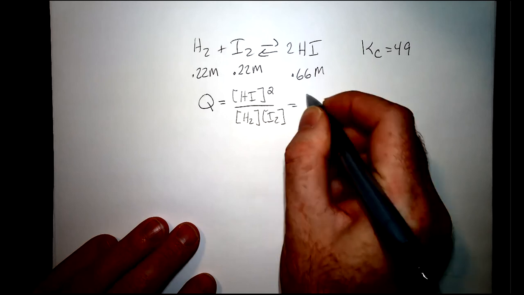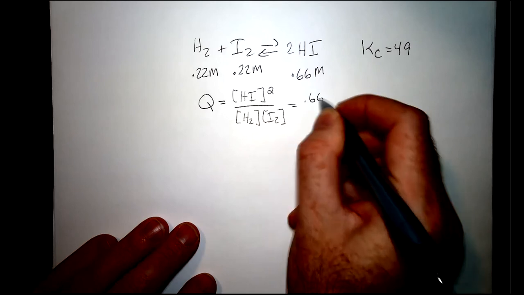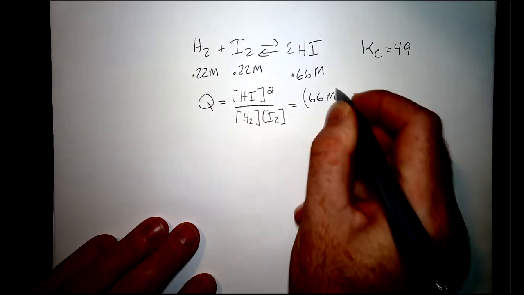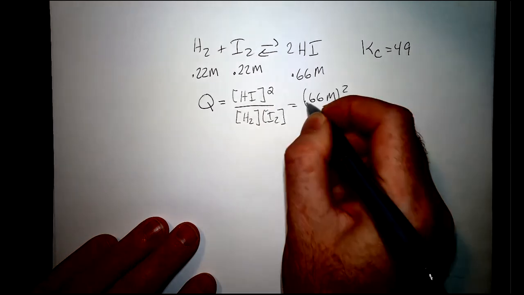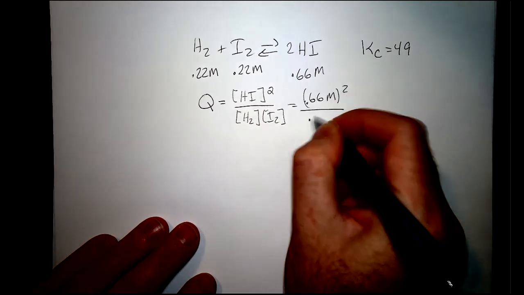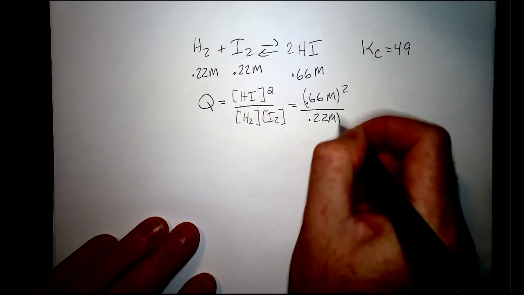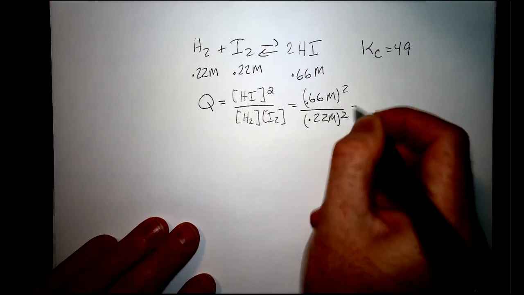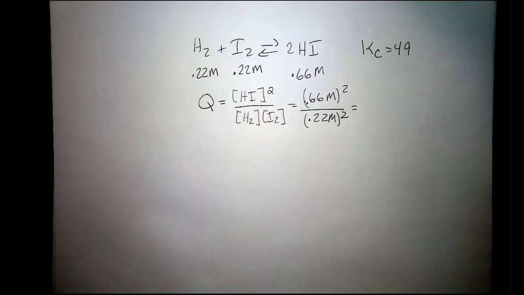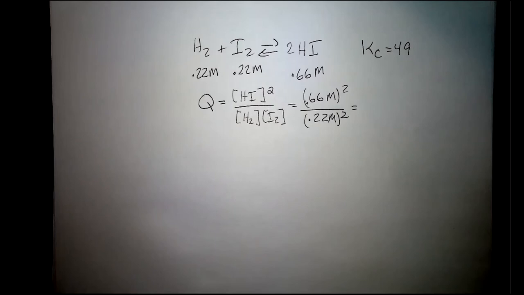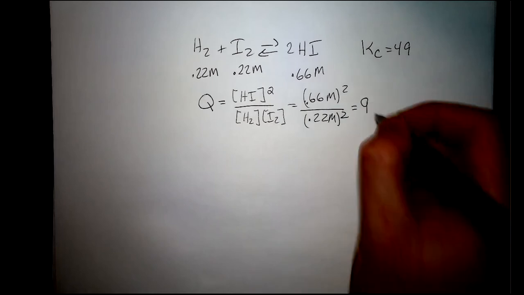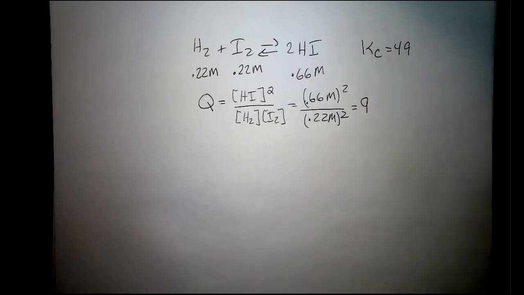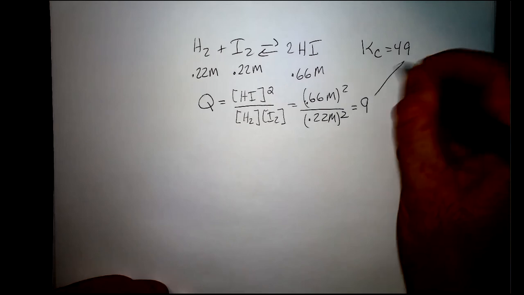So we're going to end up with 0.66 molar squared divided by 0.22 molar squared. And so we need an actual value for that. So let's run that through our calculator: 0.66 squared divided by 0.22 squared. We get 9.